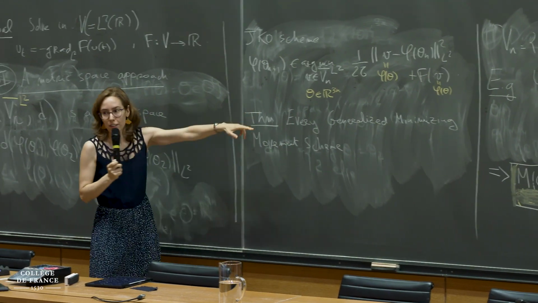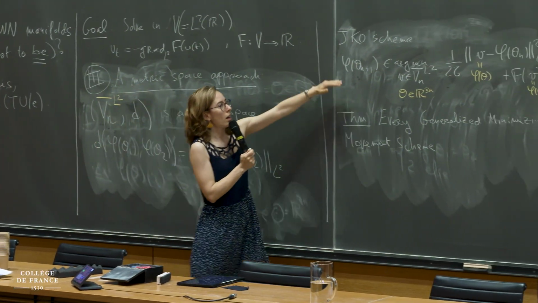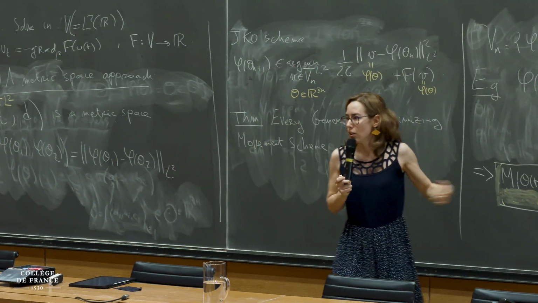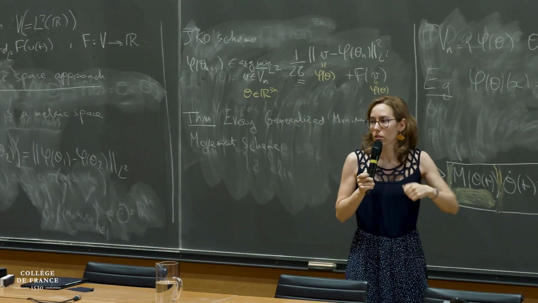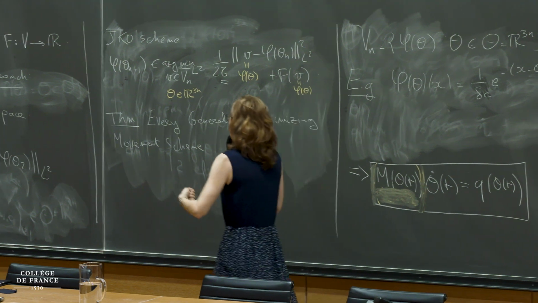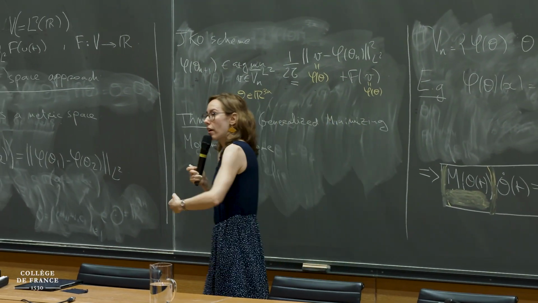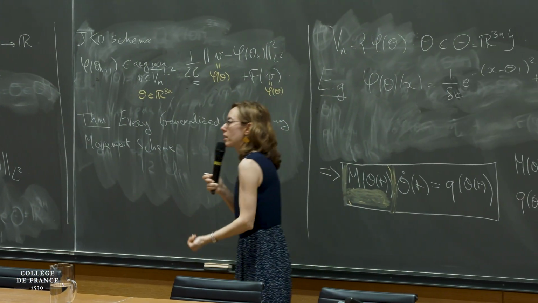So a generalized minimizing movement scheme is the following. I solve this problem, I do a time marching, and I solve this problem for a discrete time step tau. Okay, so this is a generalized minimizing movement. I can take tau smaller and smaller and solve the trajectory again with smaller and smaller time steps.